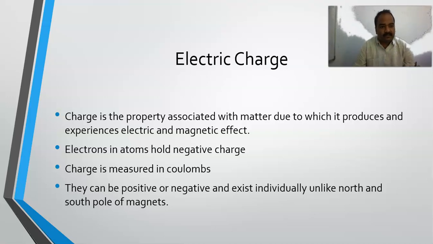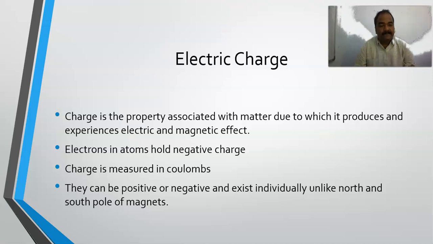You might have seen in chemistry that every material is made up of atoms, and atoms in turn consist of electrons, protons and neutrons. Electrons are negatively charged particles and protons are positively charged particles.